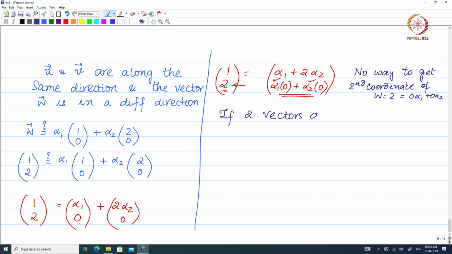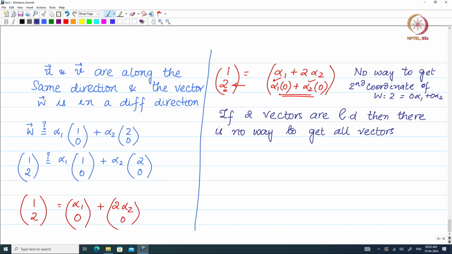So, if two vectors are linearly dependent, then there is no way to get all possible vectors, all vectors.